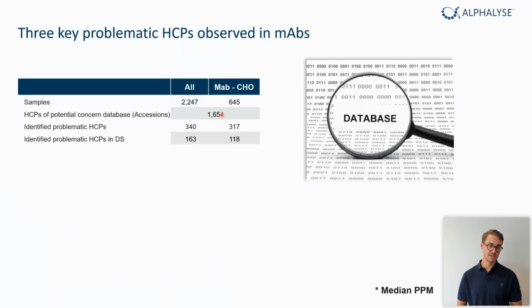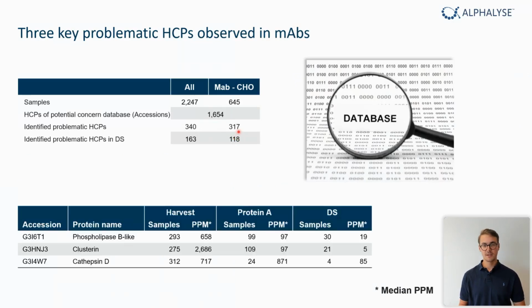And when we search those against our database, we actually identify in total 340 of them in all samples. But if we just look at DS-CHO based, then we find 118. So it's actually quite a large number. And we can dive into this some more and look at, let's say, the top 3 mAb-CHO based problematic HCPs, which we have observed in our database.